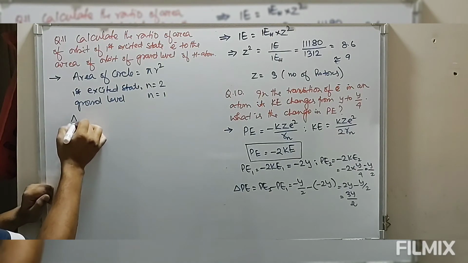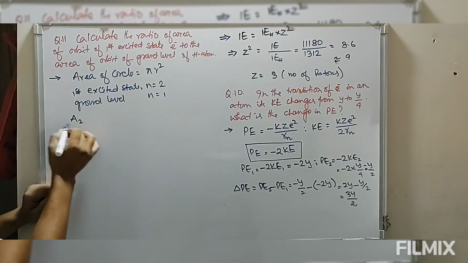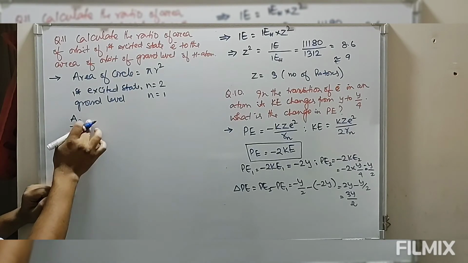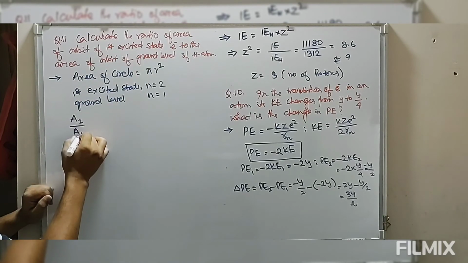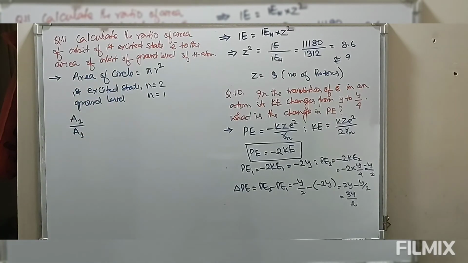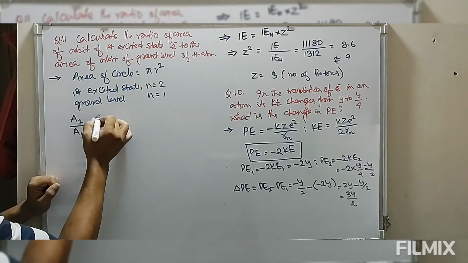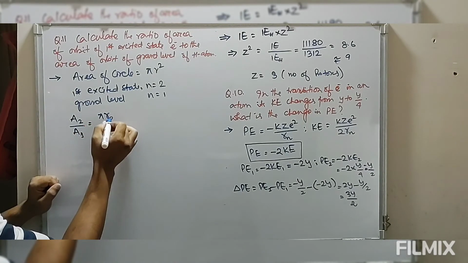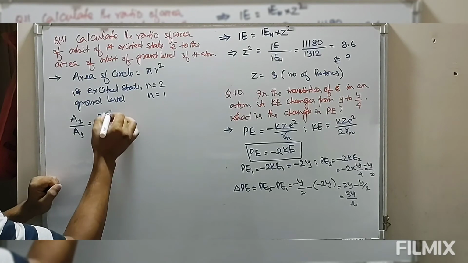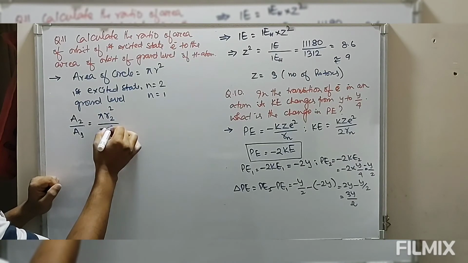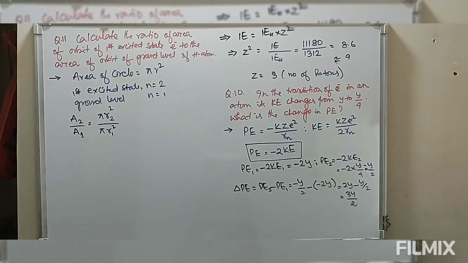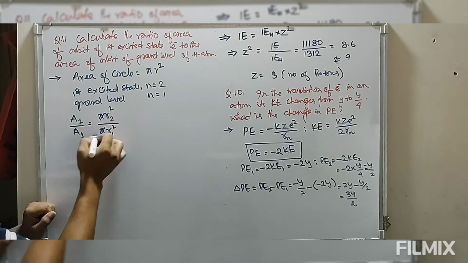So the area of the circular orbit in the first excited state to the area of the ground state orbit equals pi r2 square divided by pi r1 square. Now pi will cancel out.